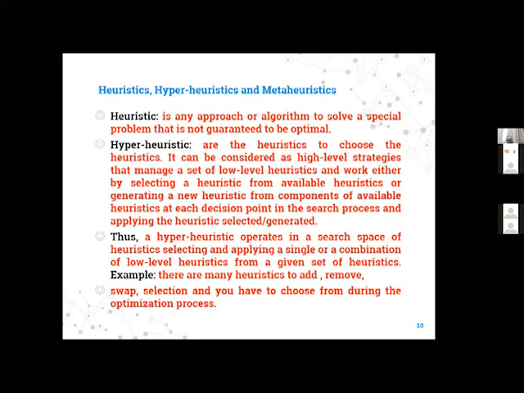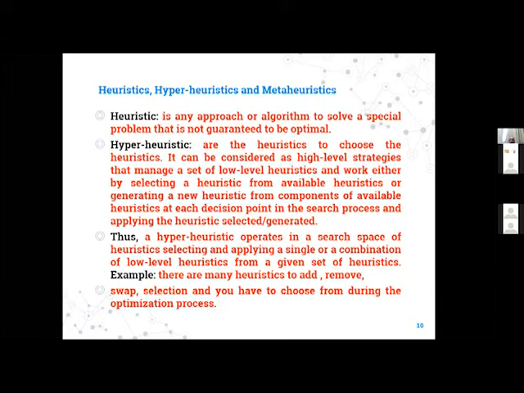So the main role of hyper-heuristic is to determine the most effective one from a pool of heuristics that is suitable to solve the problem during any iteration of the search process. Thus, a hyper-heuristic operates in a search space of heuristics, selecting and applying a single or a combination of low-level heuristics from a given set of heuristics.